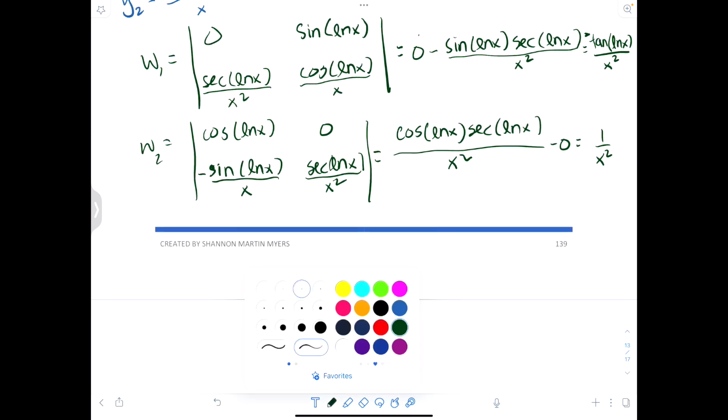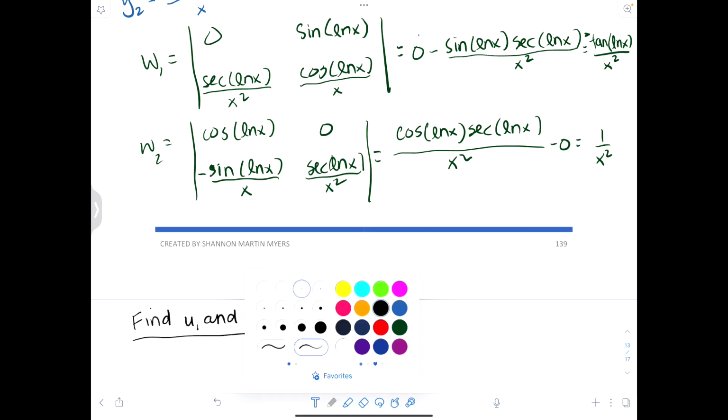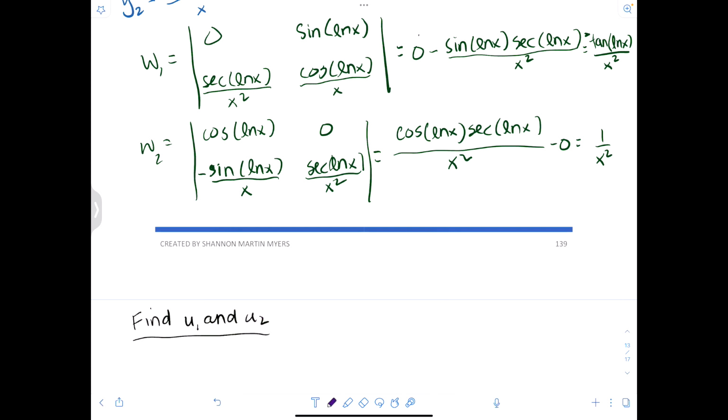All right, so now we need to find u1 and u2. So let's check it out. So remember, u1 prime is w1 over w, which is negative tangent of natural log of x over x squared, and then over 1 over x.